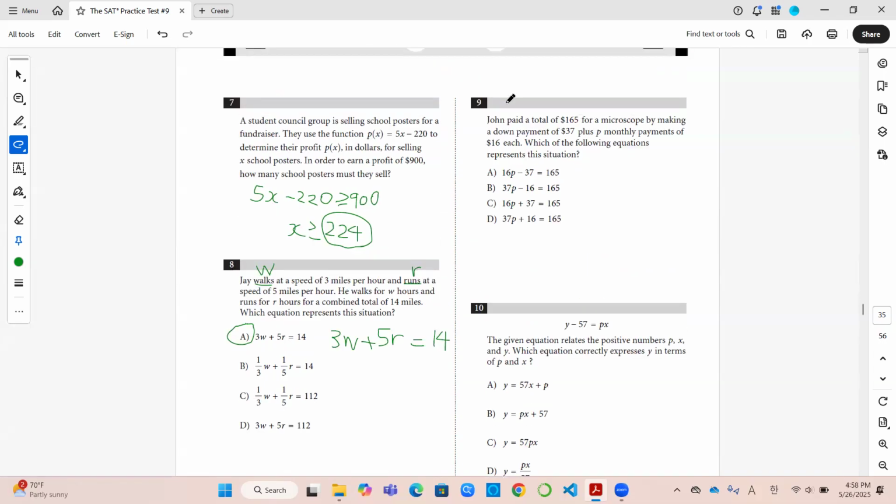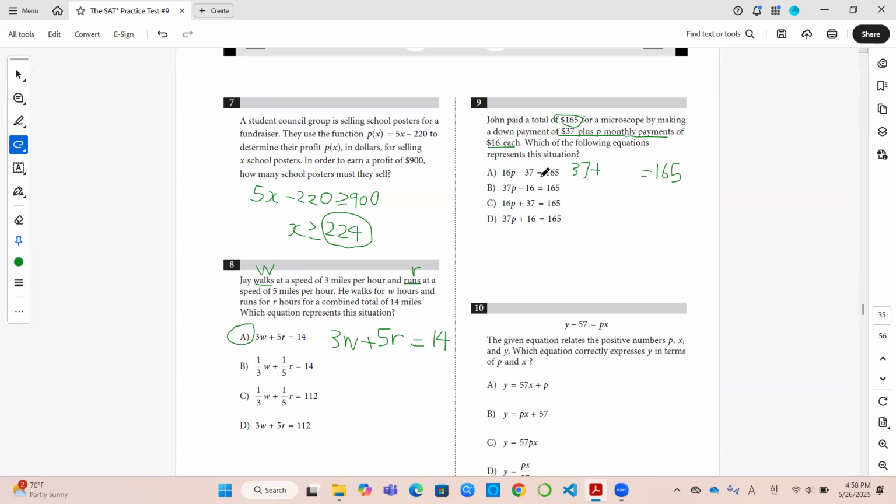Then moving on to 9. John paid a total of $165 for a microscope by making a down payment of $37 plus P monthly payments of $16 each. Which of the following equations represents this situation? So since $165 is a total, I'm going to put this on the right side. Since we have a flat down payment of 37, we need to put 37 in front here.